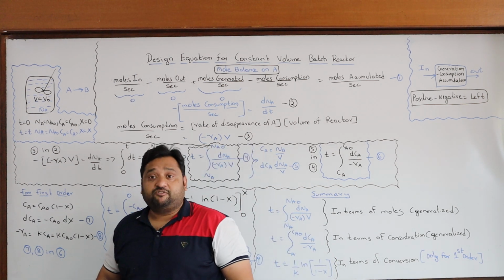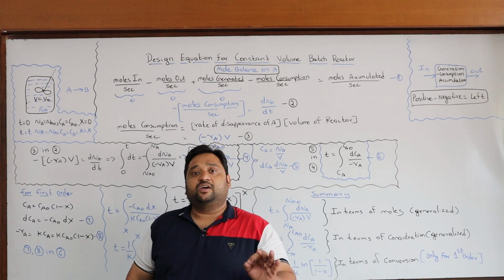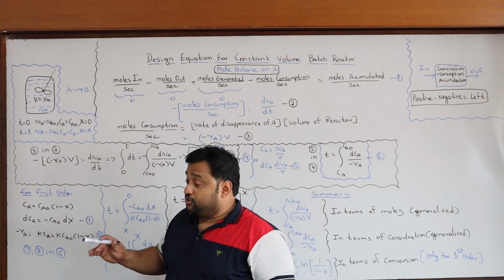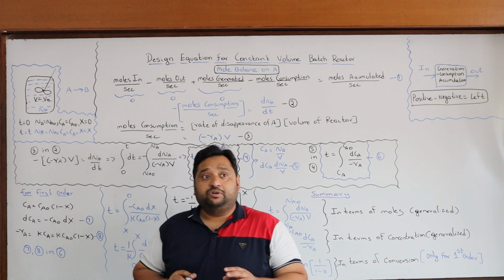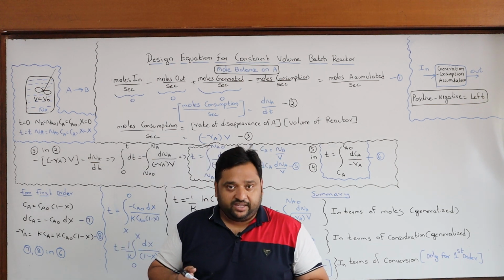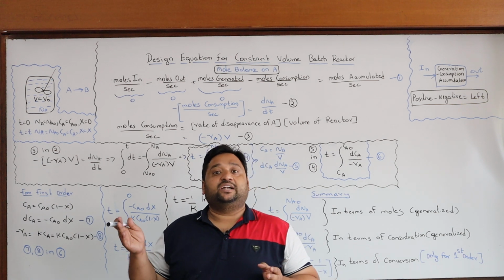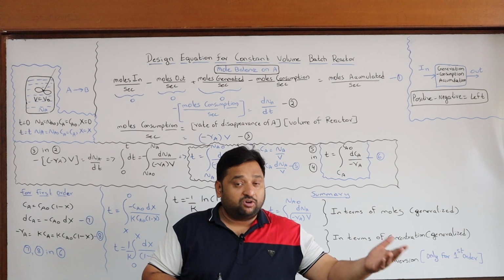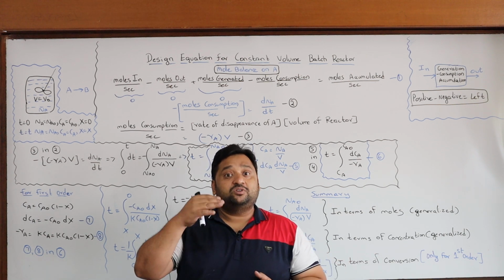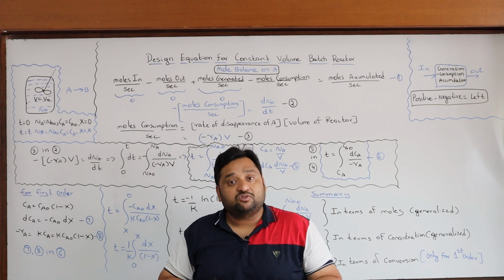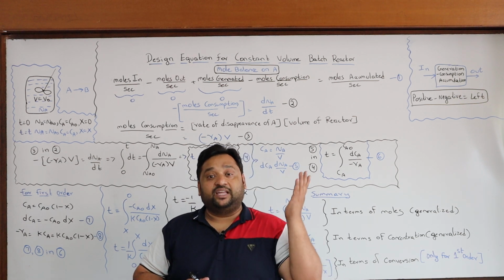Ultimately we have to find the time required for a given conversion. To design any reactor, you have to do a mole balance. That means how many moles of reactant are going inside, how many moles of reactant are coming out of the reactor, and how many moles of reactant are getting consumed or generated.